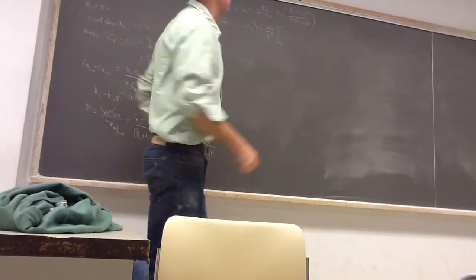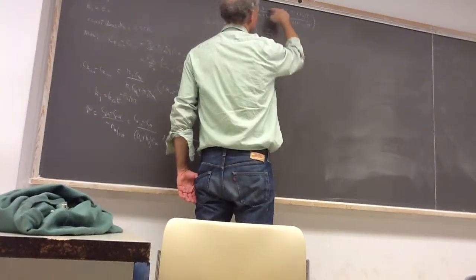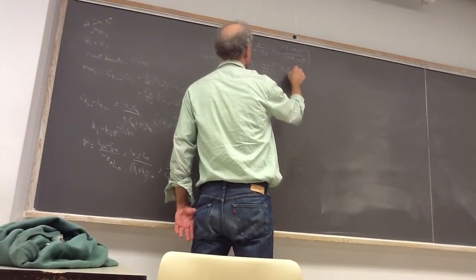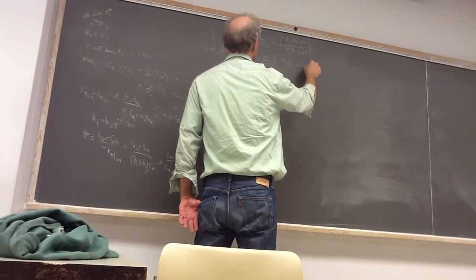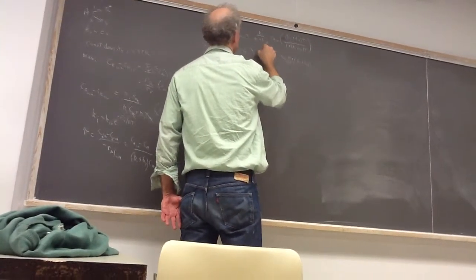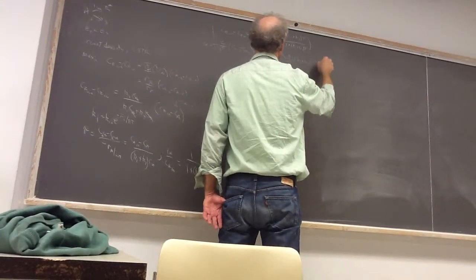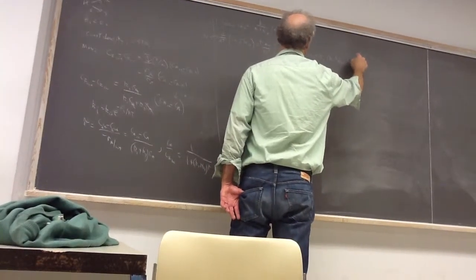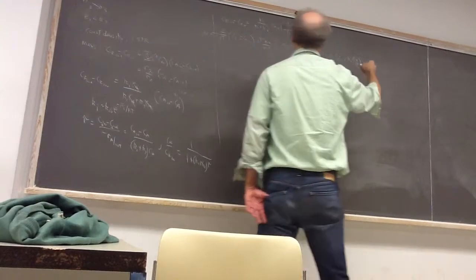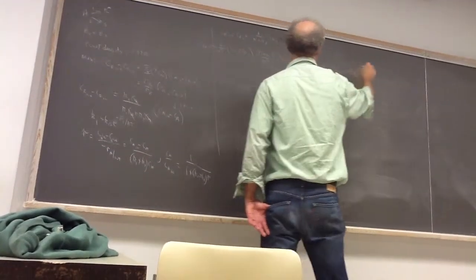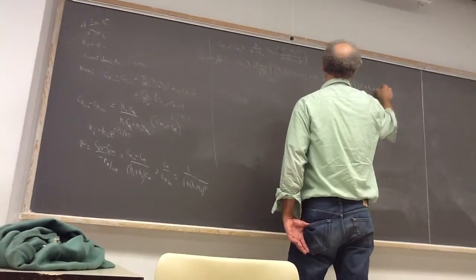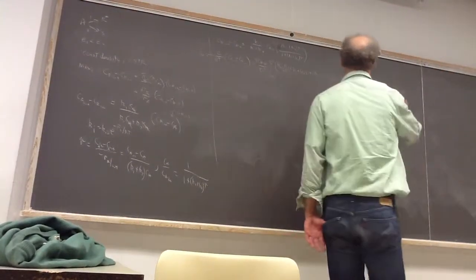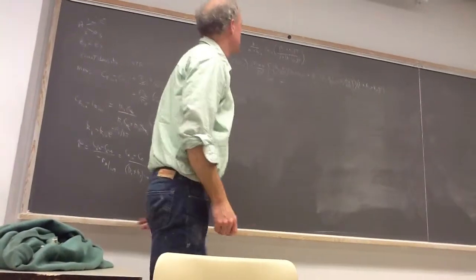The derivative of the numerator: I have the product, so I've got K1 E1 over RT squared plus K2 E2 over RT squared, times 1 plus K1 plus K2 tau, minus f g prime.